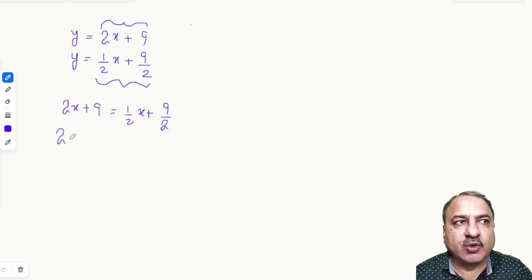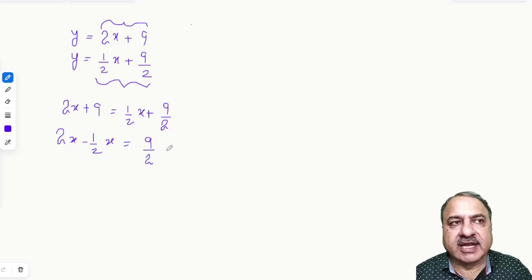Now we have 2x, 1 by 2x will be moved to the left. 9 will move to the right and become -9. 2x minus 1 by 2x, 2 minus 1 by 2 is 3 by 2. So we are getting 3 by 2x on the left and 9 by 2 minus 9 by 1 on the right. If we solve it, we get -9 by 2.